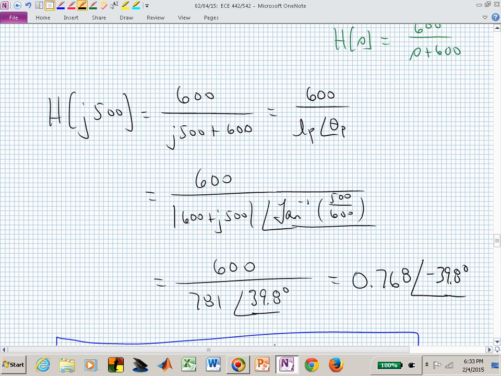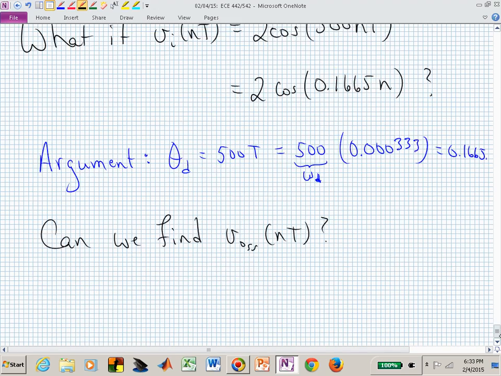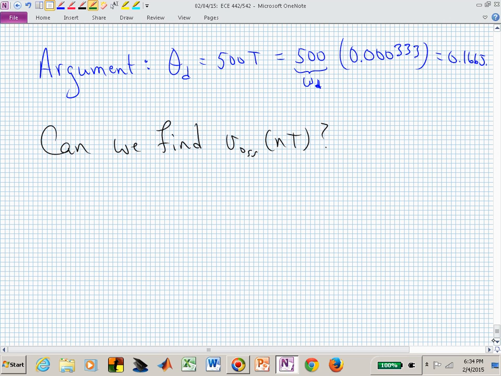Now we need to figure out, how do we find something like this H of j500 for our discrete time system if we're trying to find v naught of SS? It's the same process that we followed. It's a similar process. What is H of z?